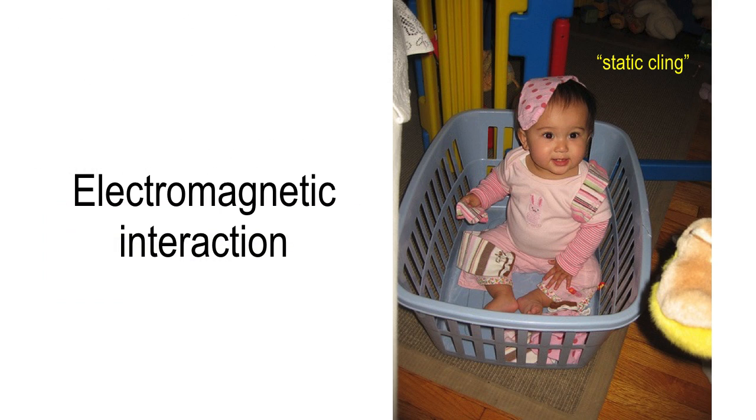All right. Let's talk about the electromagnetic interaction, or as in a lot of physics circles, theoretical astrophysics like relativity and stuff, the Coulomb interaction. Now, this little baby got into the laundry basket, and this little baby's mamasaurus forgot to put in one of those little dryer sheet things, cling free.